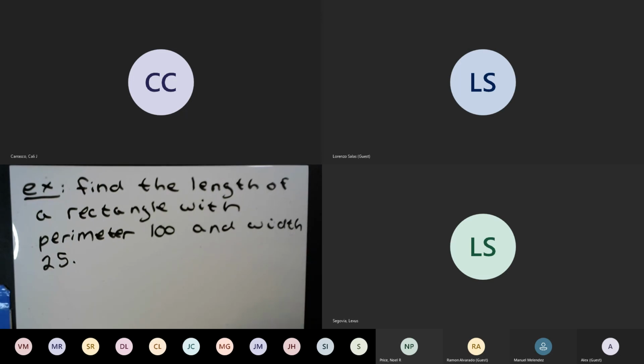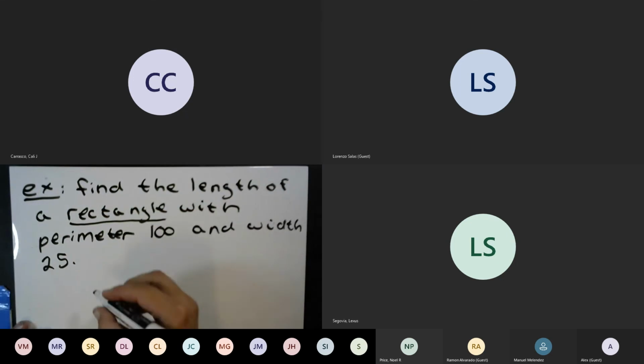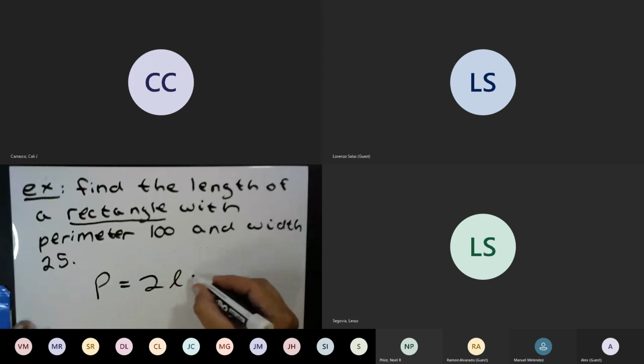Well, let's go back to our formula. Now, we've been told it's a rectangle. That's important because the perimeter of a rectangle has a very specific formula, namely this one.